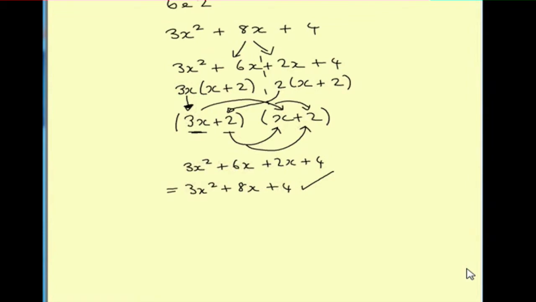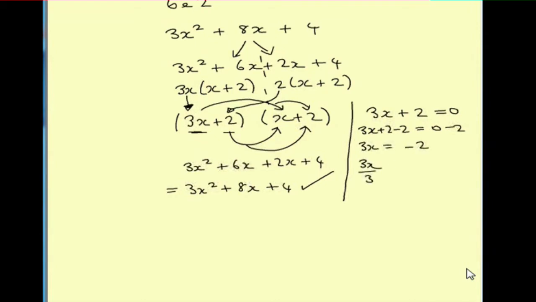So now what we need to do is equate each factor to 0. Let's start off with 3x plus 2. We start off by taking 2 from both sides. So 3x equals minus 2, and then we divide both sides by 3, and we're left with x equals minus 2/3.